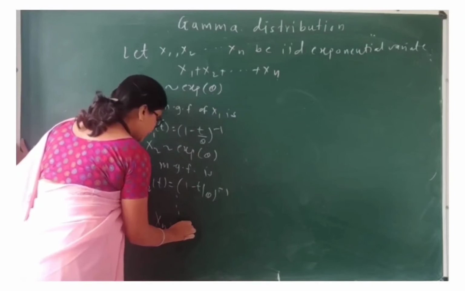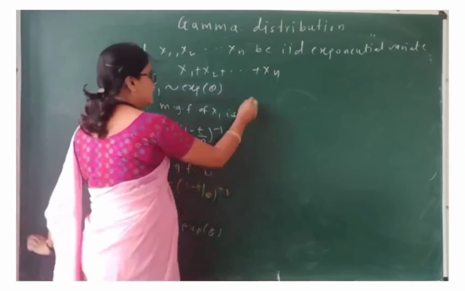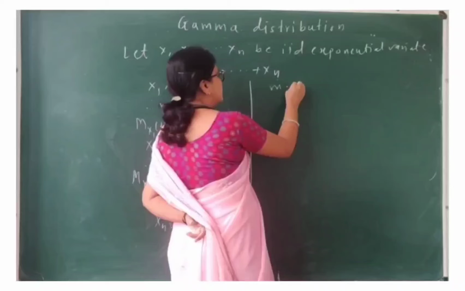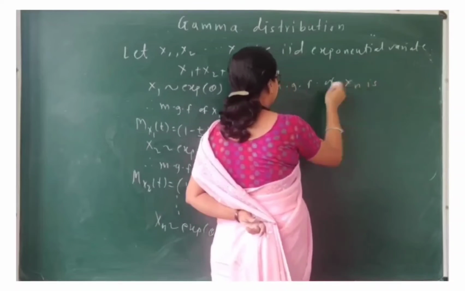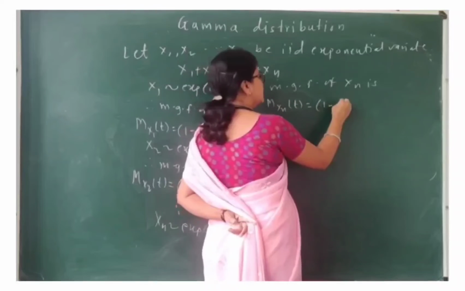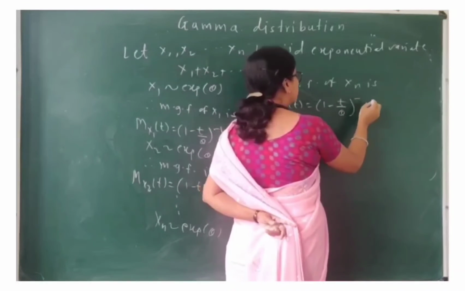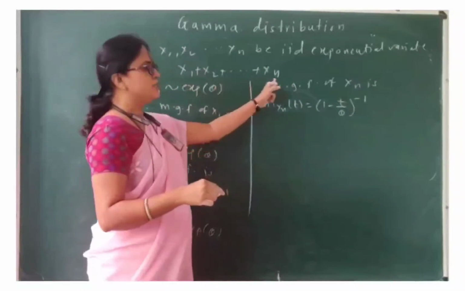Since Xn follows exponential with parameter theta, the MGF of Xn, M_Xn(t), is 1 minus t by theta raised to minus 1. Now we need to find the MGF of the sum.